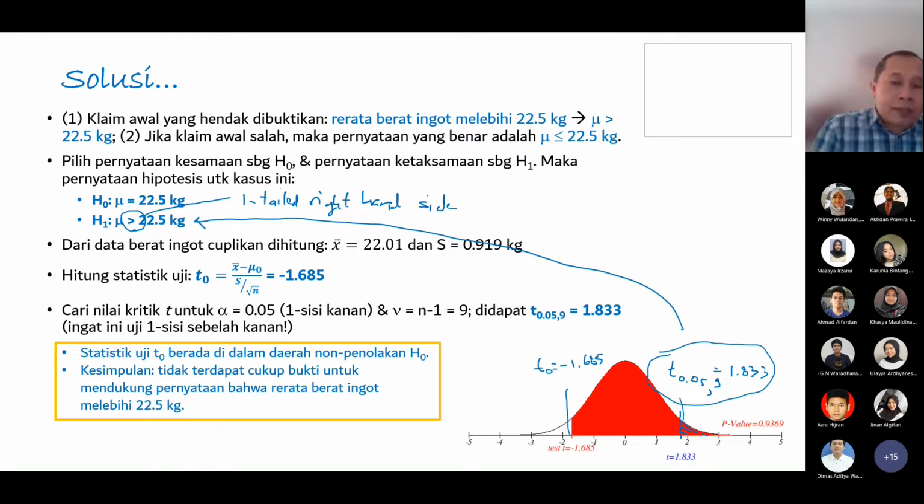Okay, so for this case, the T0 is located far away inside the non-rejection region. Right? This entire graph, so anything from this point to the left, all the way to minus infinity, all of these constitute the non-rejection region. Okay, and this is the reason why I don't like to work with left-hand side.